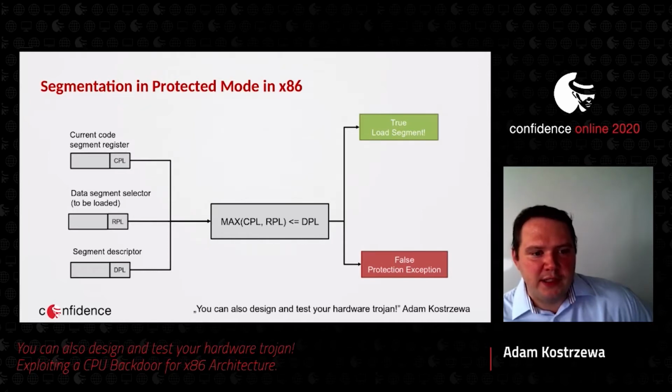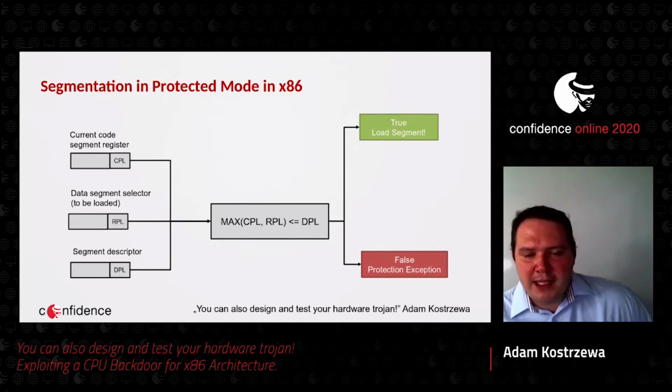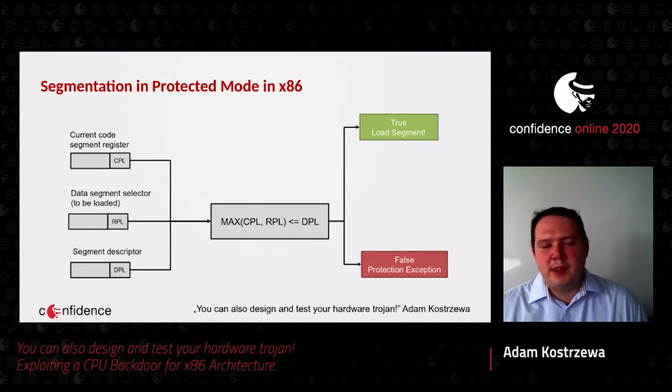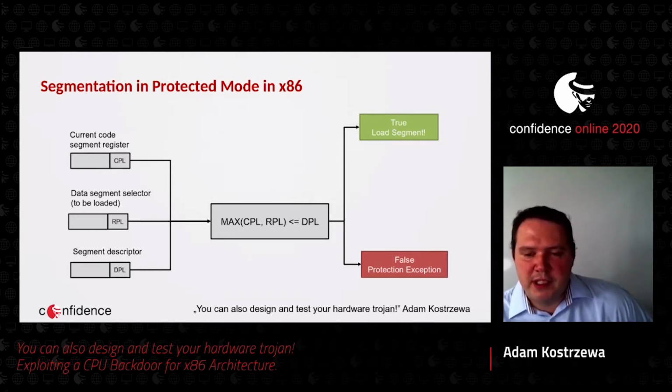Whenever you're trying to get some data segment, for instance, some memory location, you're comparing the maximum of your CPL and the requested privilege level of the data you are requesting or the instruction with the descriptor privilege level. It's a maximum simply because if you're in kernel mode, you would also like to get access to the data segments from users with lower privileges.